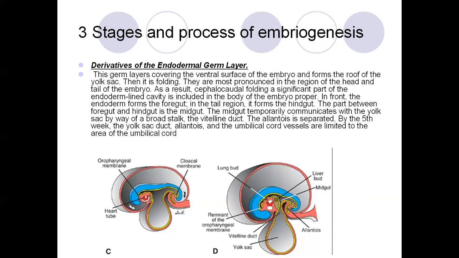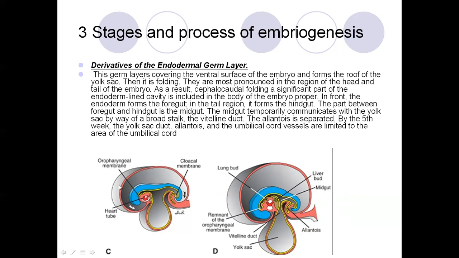In the tail region, it forms the hindgut. The part between the foregut and the hindgut is the midgut. The midgut temporarily communicates with the yolk sac by way of the broad stalk of the vitelline duct. The allantois is separated. By the fifth week, the yolk sac duct, allantois, and umbilical cord vessels are limited to the area of the umbilical cord.